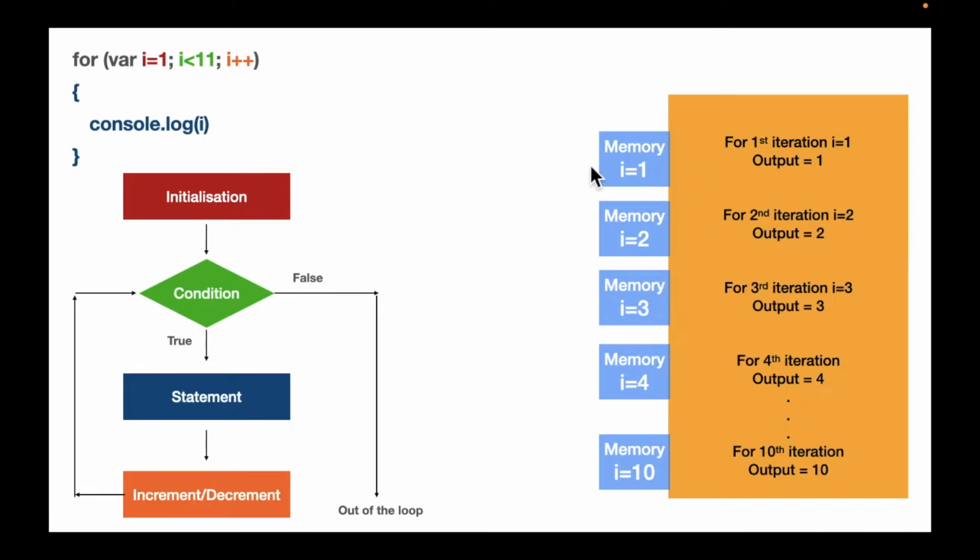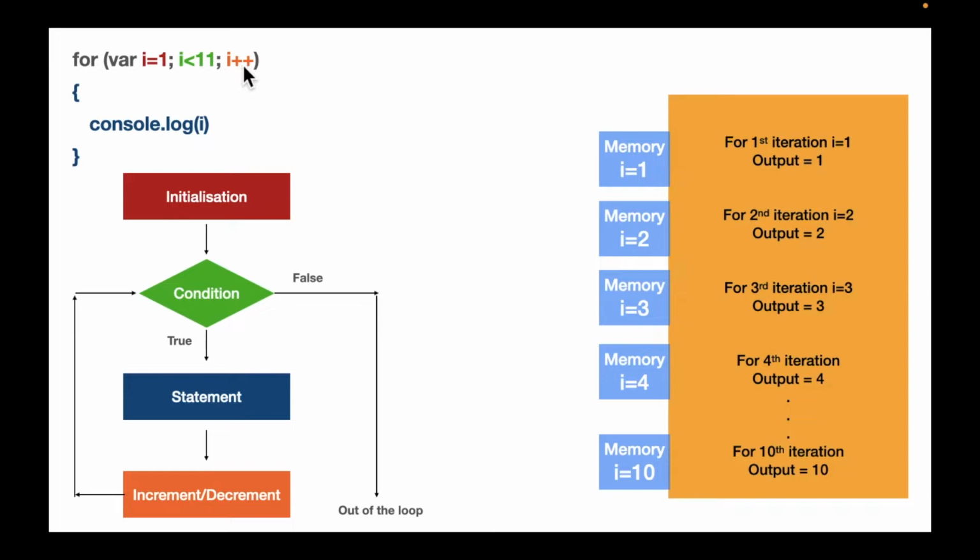Okay, now after printing it, what will it do? It will do the third thing in the bracket. It will increment. If it was decrement, then it would do decrement, but in this case it is increment, so it will increment I. So next the value of I will be what?